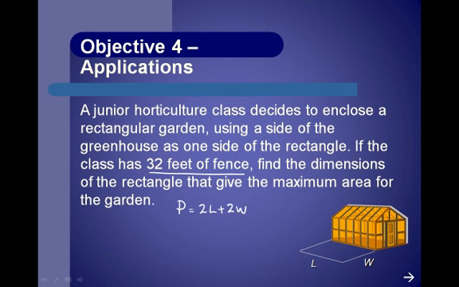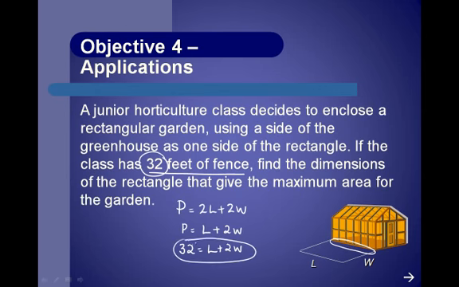Well, in this case, we don't need this length right here because we're going to use the barn. So our formula for our example is going to be length plus 2W. Well, because we only have 32 feet of fencing, we are going to use the formula 32 equals L plus 2W. Now remember that. We're going to carry this over to the next page.